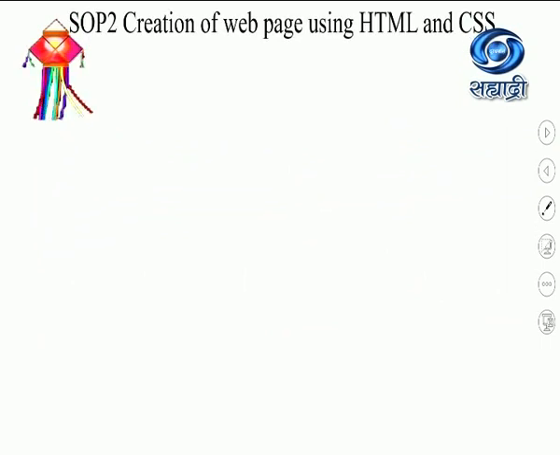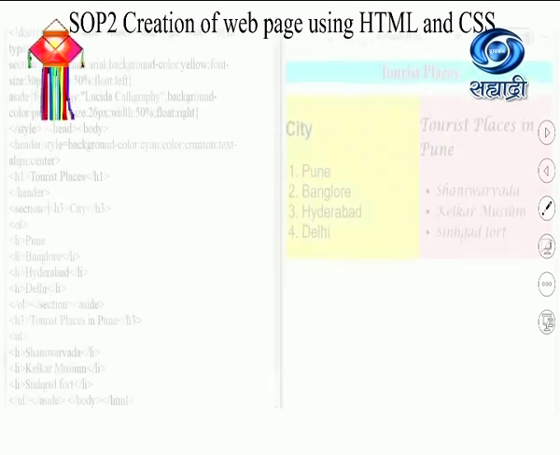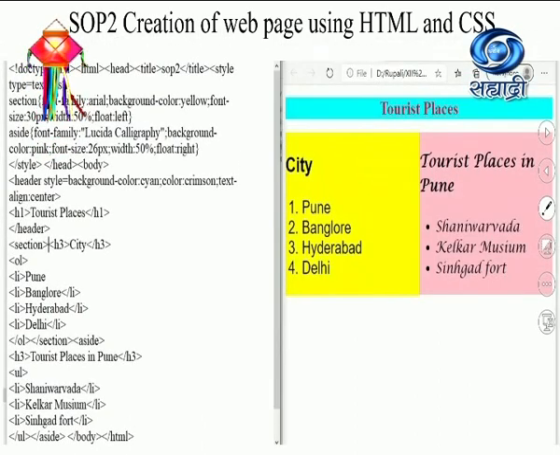So let us create the SOP2 which may have this here. Okay, so observe over here for SOP2 you will find the code on the left hand side and the output on the right hand side. Students, in the SOP2 you should make use of HTML5 tags, like say here I have used the section tag.